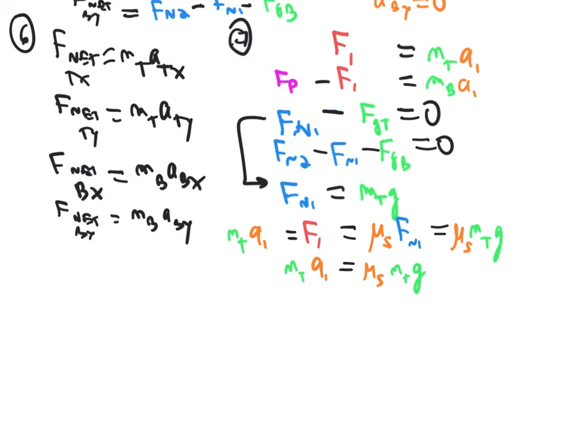And then we get rid of the mt's because they're on both sides. So we're left with that the acceleration a1 is equal to mu static times g, which is actually a number we can get.